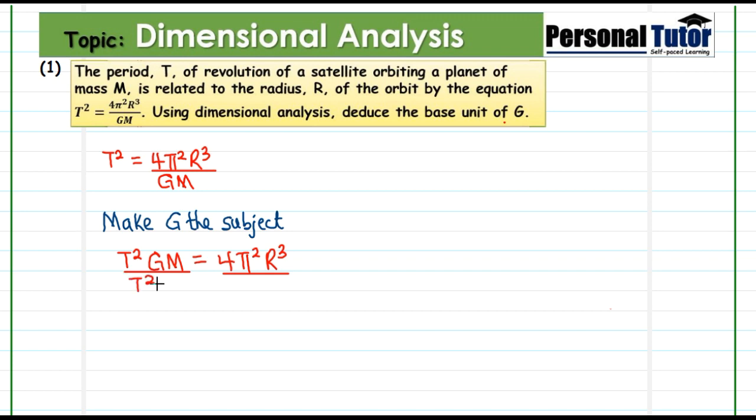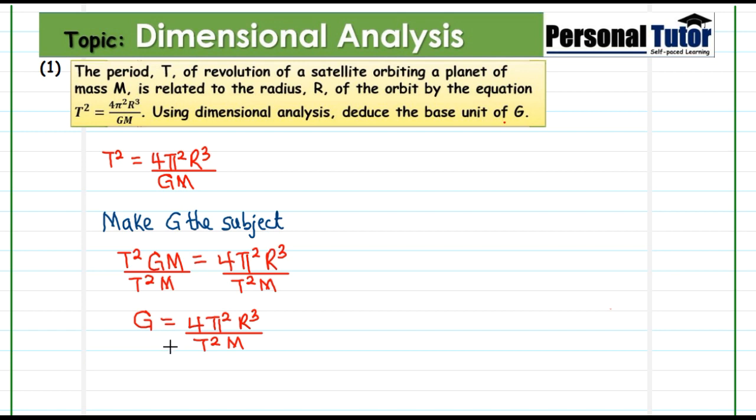When the common terms are cancelled, on the left hand side you will have G equal to 4 pi squared r cubed over T squared M. So G has been made the subject.